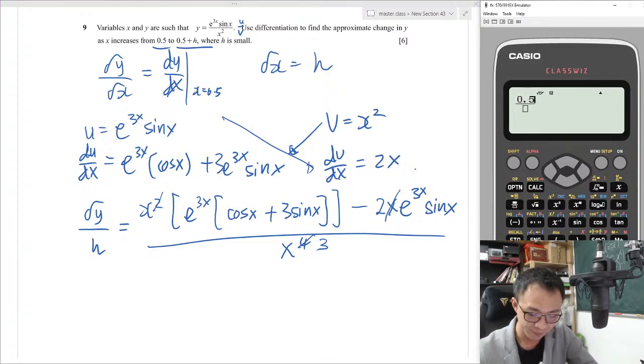0.5 multiply e^(3 multiply 0.5), and then bracket cos 0.5 plus 3 sin 0.5.